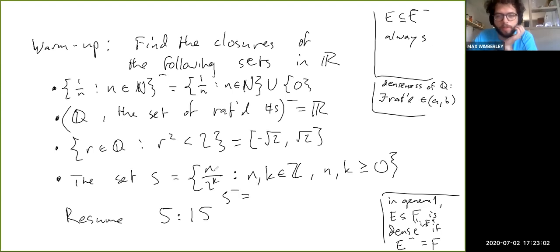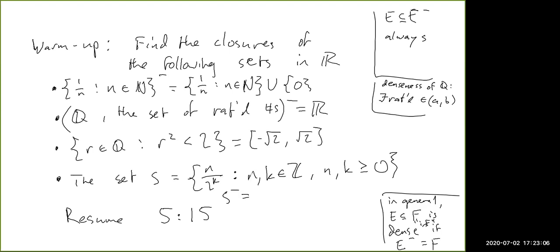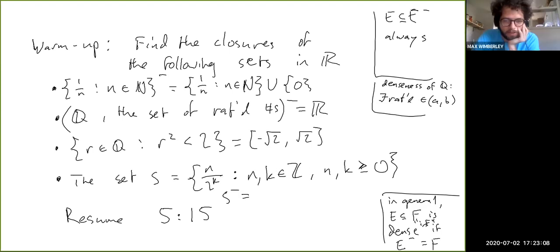Okay, so if we think about the numbers in here, if k is 0, then you can get all the non-negative integers that way. So you can get 0 and 1 and 2 and 3 and so on, right? If k is 1, then you get all the multiples of a half. And if k is 2, you get all the multiples of a quarter and so on.